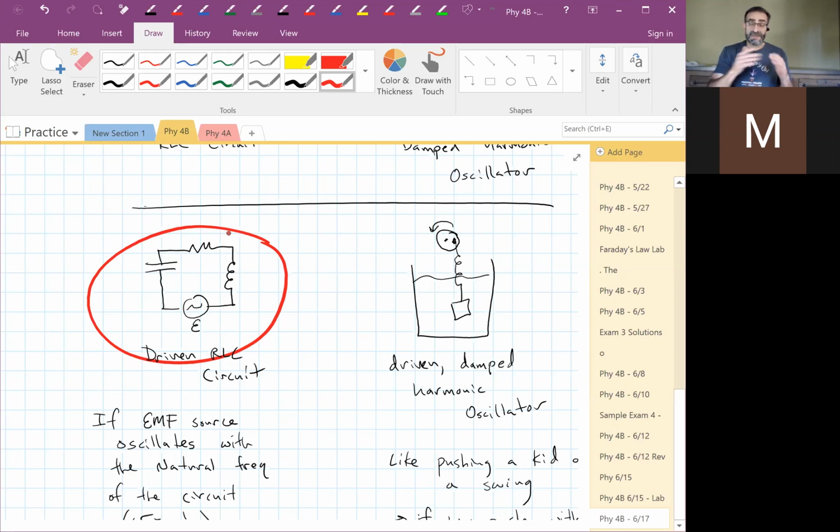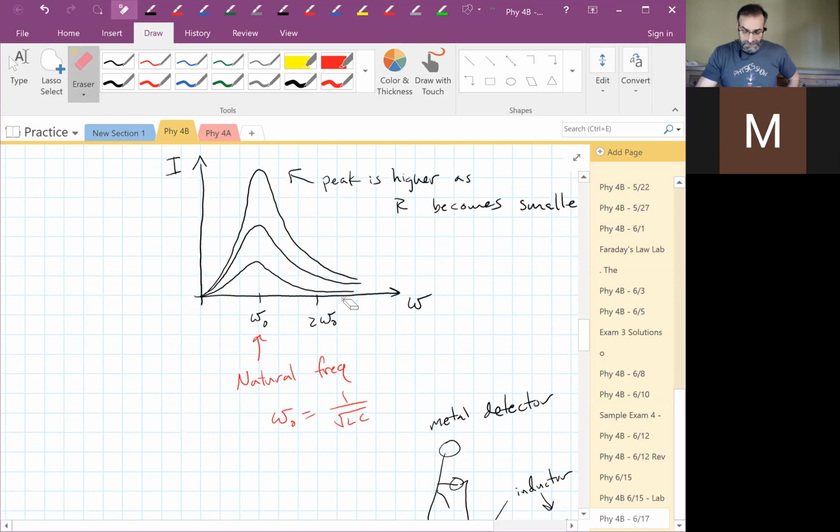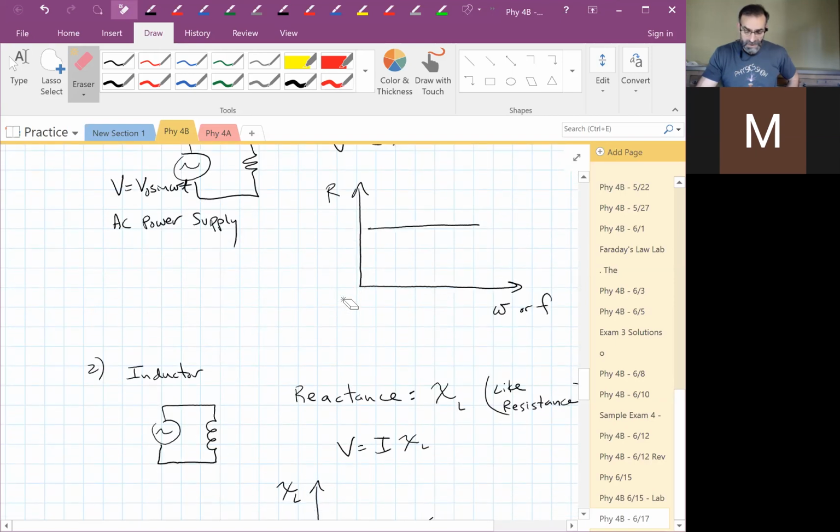So you have to take those phase differences into account, and it becomes a little more complicated. Not too bad, but we don't have enough time to deal with it, so we're not going to. Okay, so we're doing a very light, very simple conceptual treatment of AC circuits.